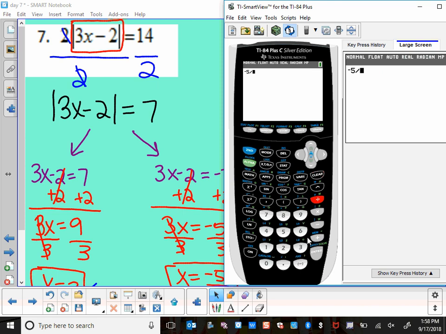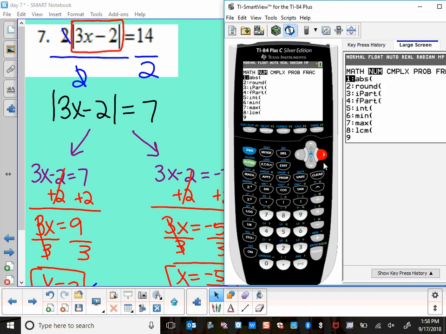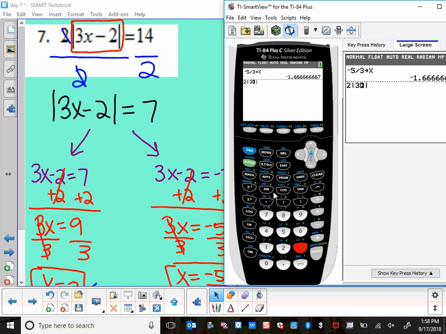Negative 5 divided by 3, store button for X, hit enter, and you get that. Then if I want to type in 2 times absolute value of 3x minus 2, instead of x, it's plugging in that number. You get the same thing. It's just that we stored in a number for x. So you guys take about 10 minutes, and then we'll go over the answers.